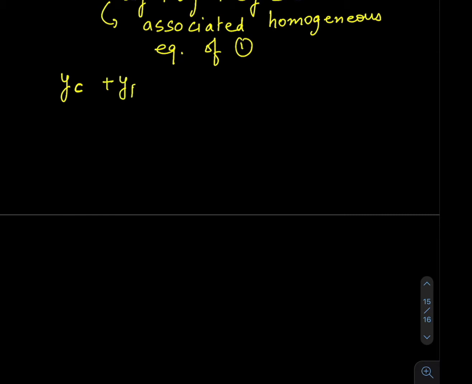Then we want to find one particular solution. This particular solution you can find by guess or by any other method, just one particular solution which satisfies our differential equation, and in that case our general solution will be given by the sum of these two, the complementary solution and the particular solution.